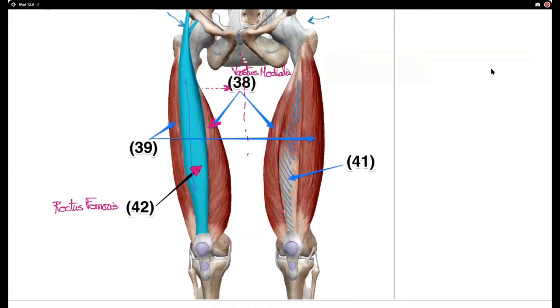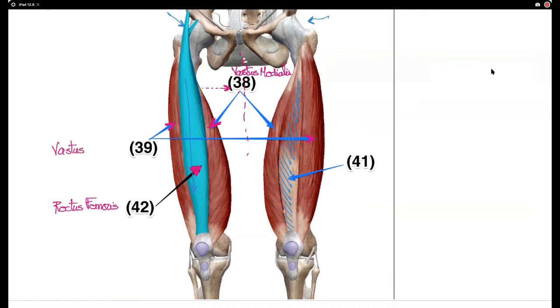And how about the muscle here? The large muscle located on the outside, away from the midline, on the lateral aspect of the thigh. What do you think we call this muscle? Number 39. Again, large muscle. So it's going to be vastus.